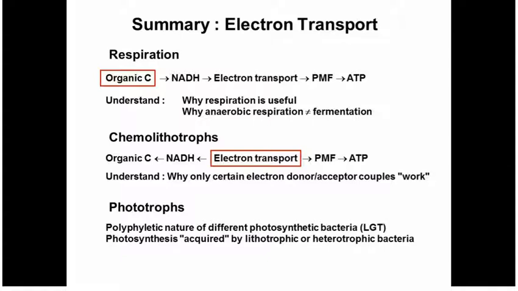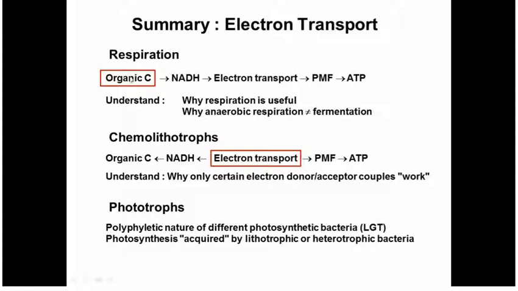Okay, so I'm just going to go through the summary slide here. So we have different types of energy metabolism in organoheterotrophs, chemolithotrophs, and phototrophs. So for respiration, the electrons originate from organic carbon. They end up being transferred onto reduced NADH. Then from NADH, they go along an electron transport chain, and this allows the bacteria to generate proton motive force and ATP.